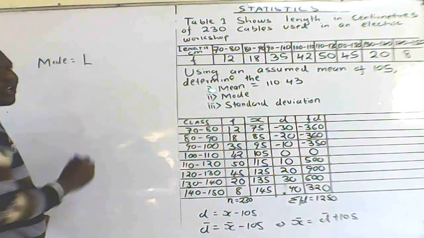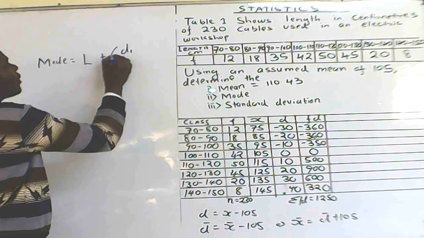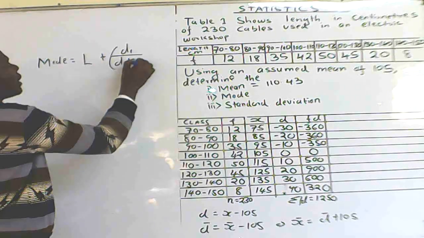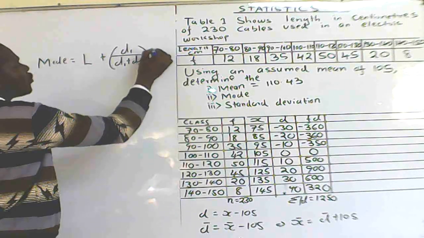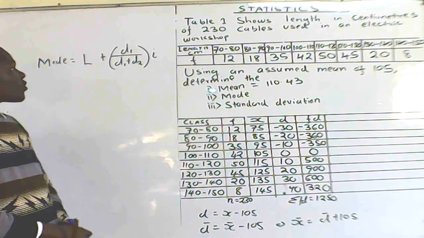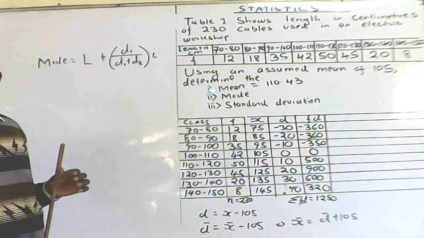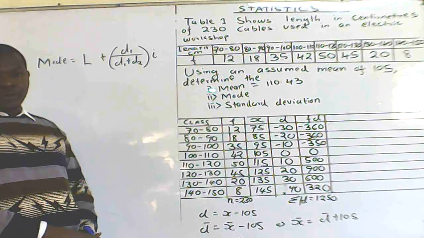The mode is the lower class limit of the modal class plus D1 over D1 plus D2 times the class interval, isn't it? Yes. Meaning for us to determine the mode, we need to know the modal class, isn't it? Yes. The modal class is the class with the highest frequency.